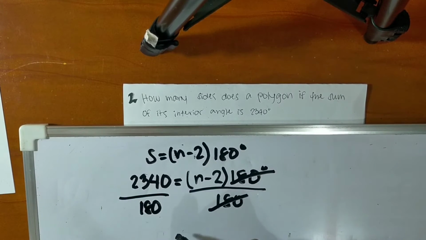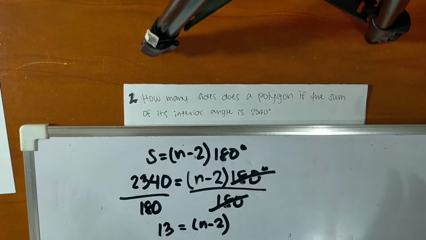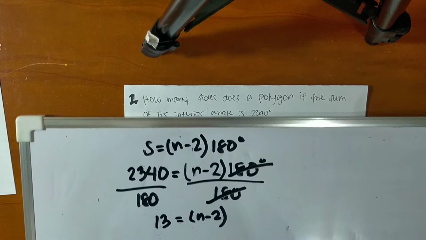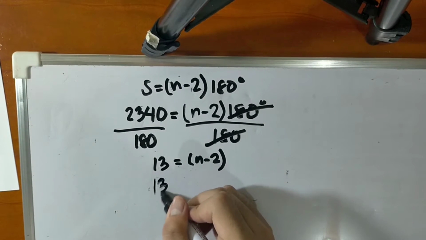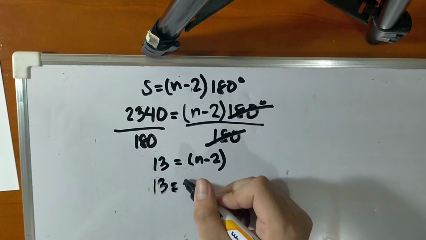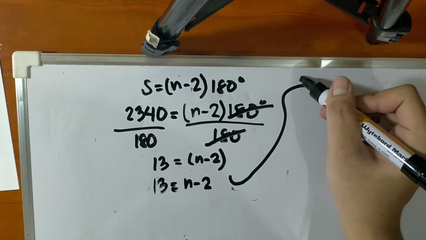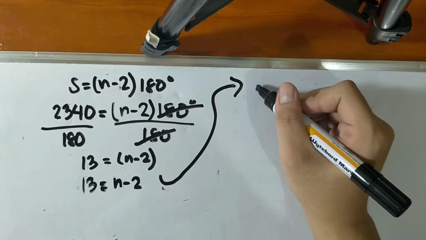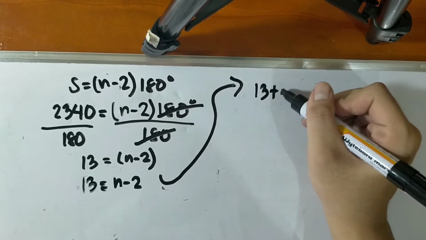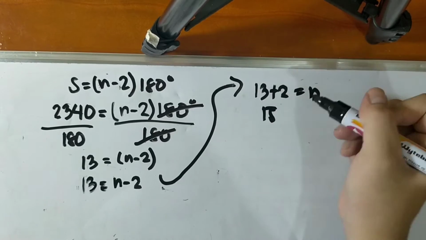Then 2340 divided by 180 equals 13. So 13 equals (n minus 2). The next step is to remove the parentheses. Then move the negative 2 to the left side, so it will be 13 plus 2 equals n.